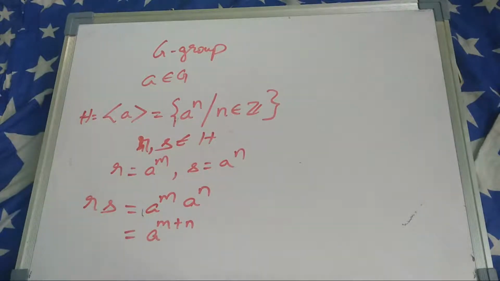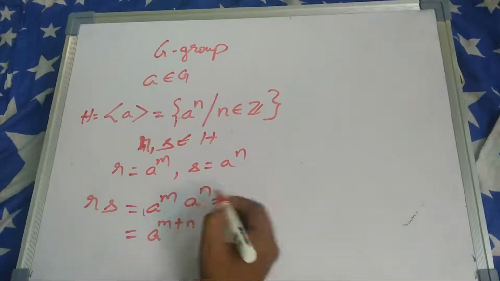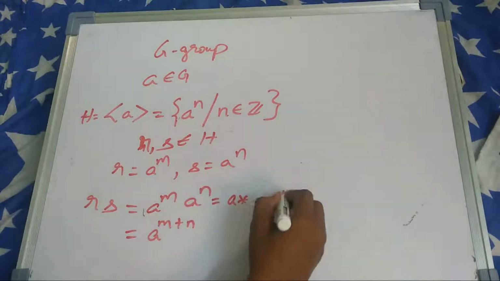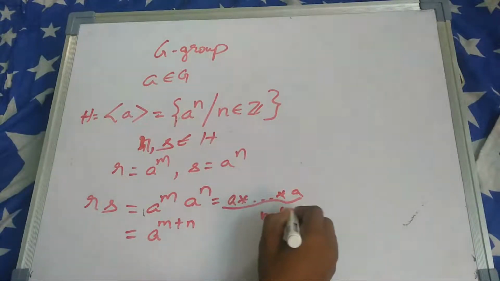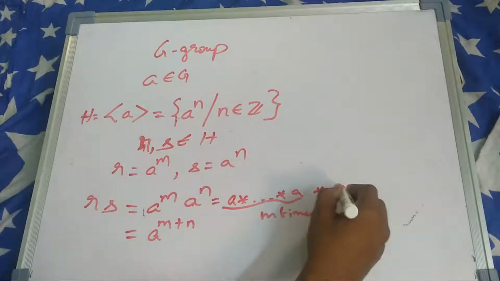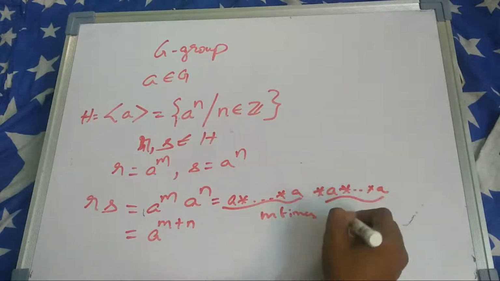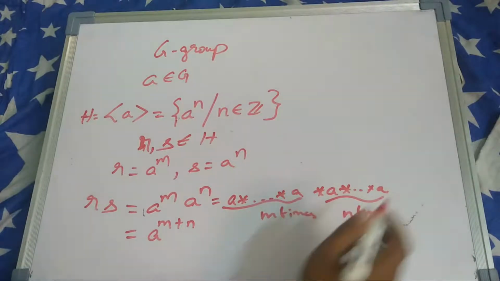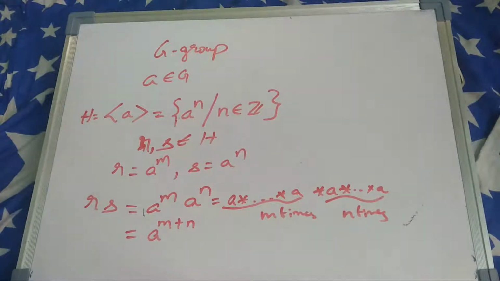Please try to convince yourself that this is going to be true. Whether n is positive or negative or whatever it may be, this rs is going to turn out to be a power m plus n, because say if both m and n are positive, we will have a star etc. a m times star a star etc. a n times. So totally there are m plus n a's. So it is going to be a power m plus n.